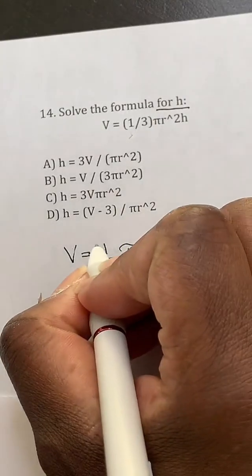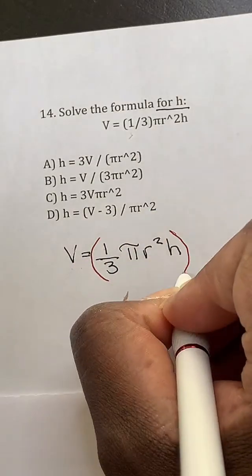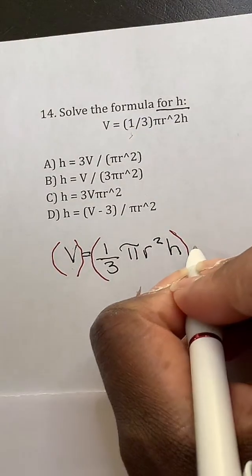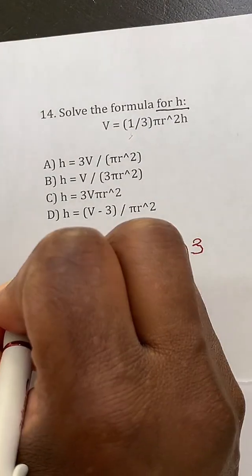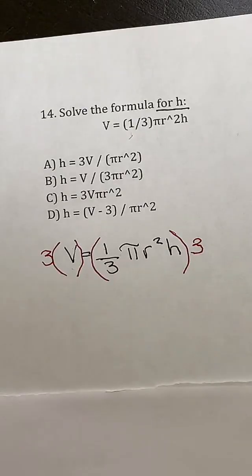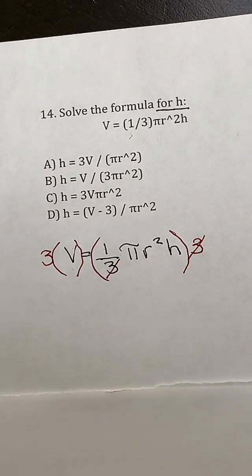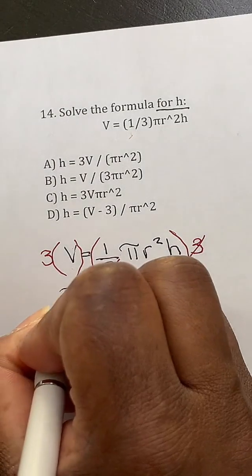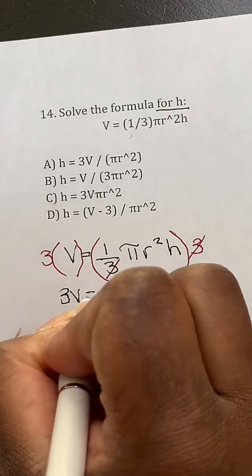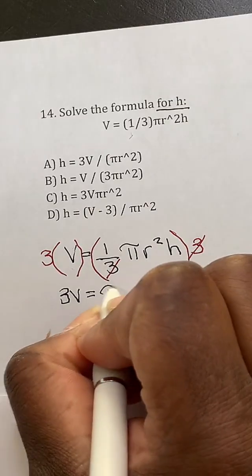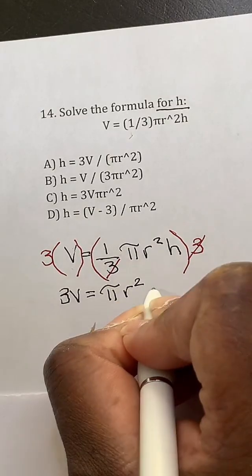So whatever I do on one side, I do on the other, and I multiply it by 3. What's going to happen? The 3's are going to cancel out. And bam, no more fraction. That means we'll have 3V is equal to pi r squared h.